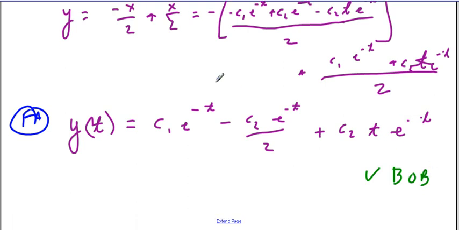Okay, now we're going to look at problem number 6. And I've got x prime is equal to x plus 9y.